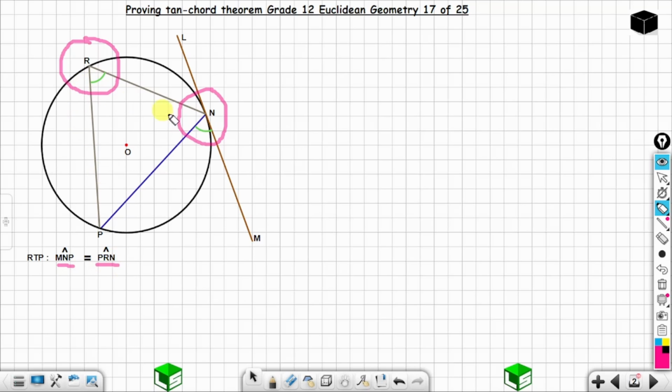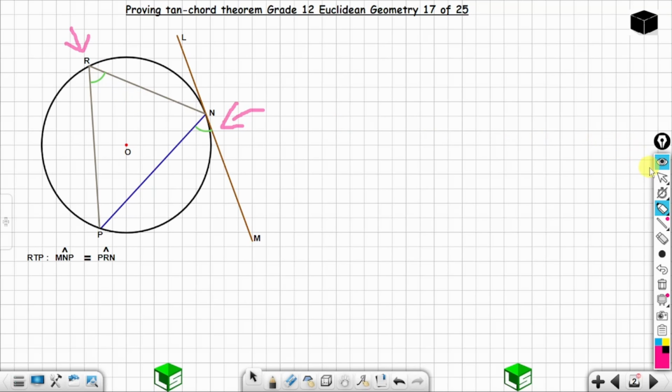What you are going to do is create a 90-degree angle. You have to focus on this part and on this part. Try to create a 90-degree angle.